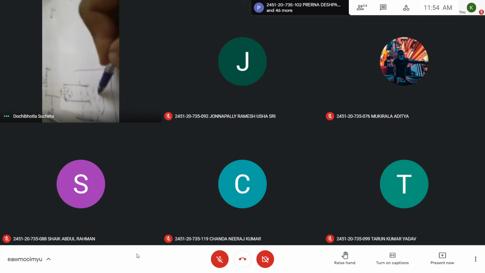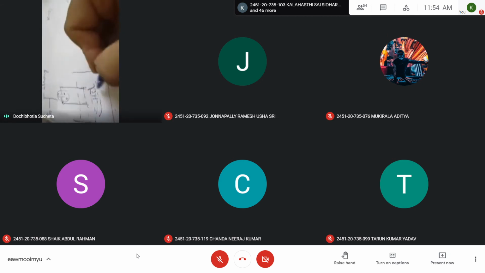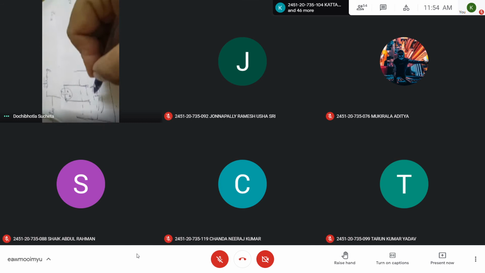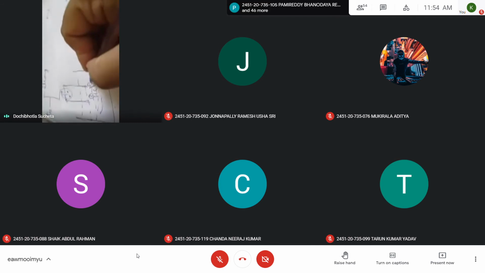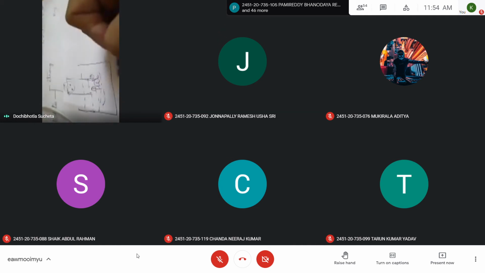Now I have taken a solution, for example, HCl, that is easy for me to explain. HCl will dissociate to form H+ ions and Cl- ions. So this is an aqueous solution.